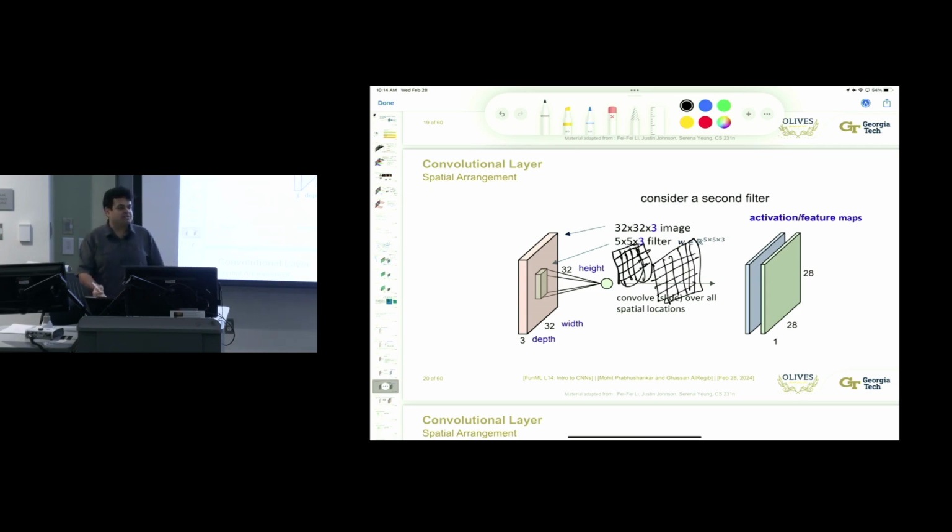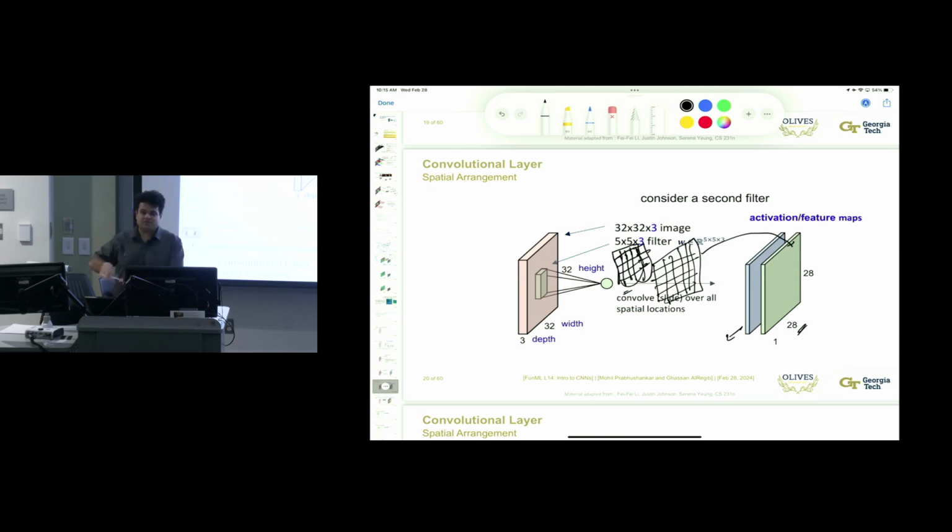And these 2 kernels will give me 2 separate outputs. They're not together. I use this one kernel to spatially convolve throughout the image, and I get this output. And I take the next kernel, which will give me this output. And these two are separate feature maps.